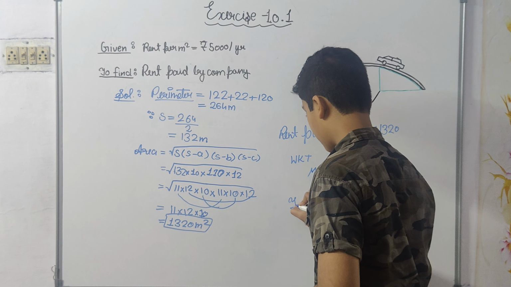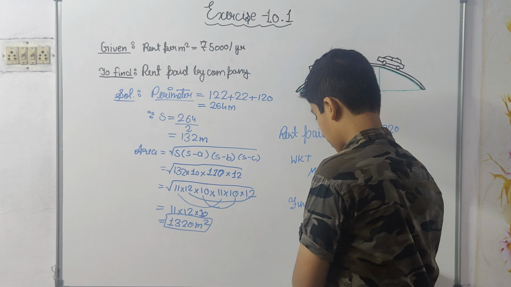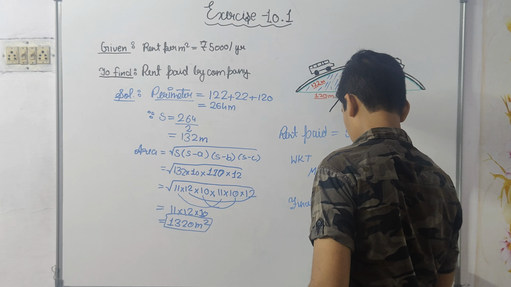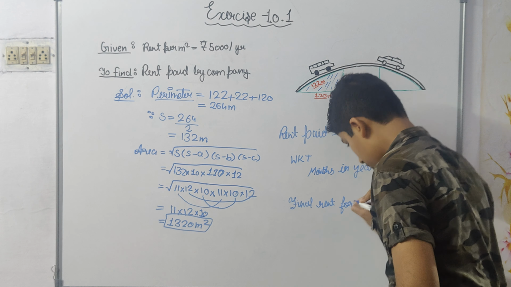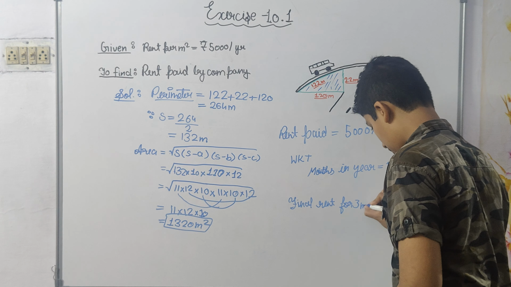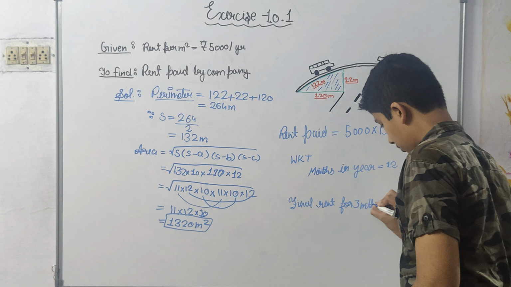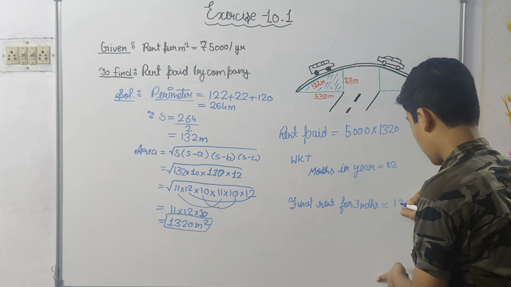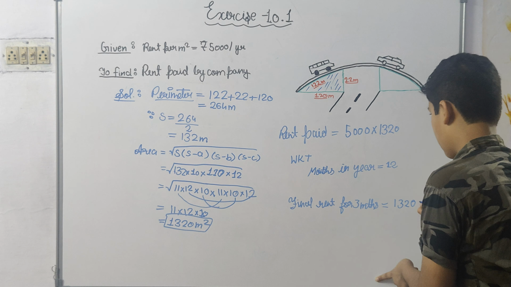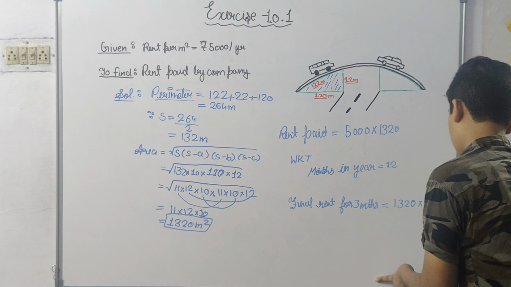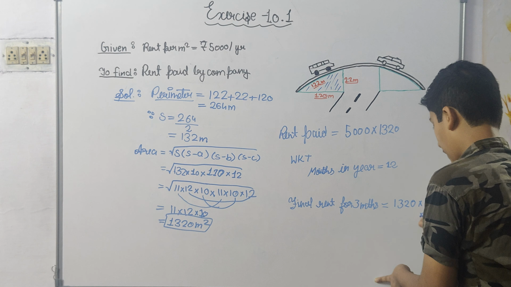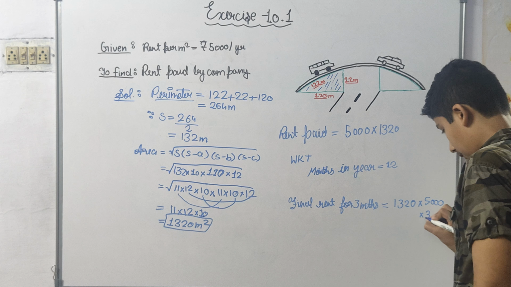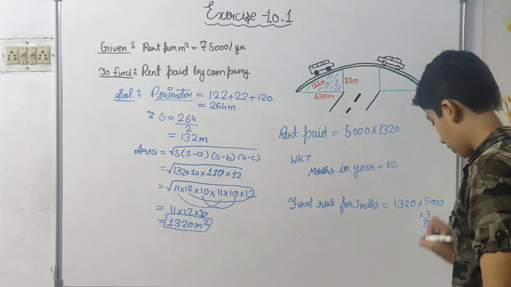So the final rent for 3 months will be 1320 into 5,000 multiplied by 3 upon 12.